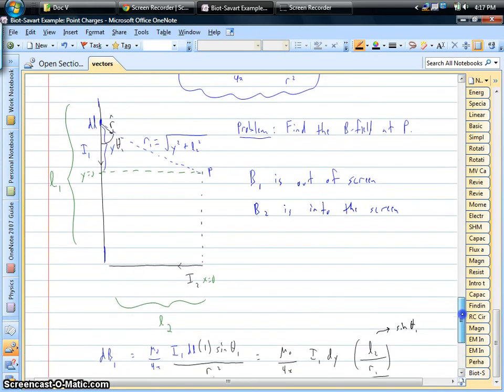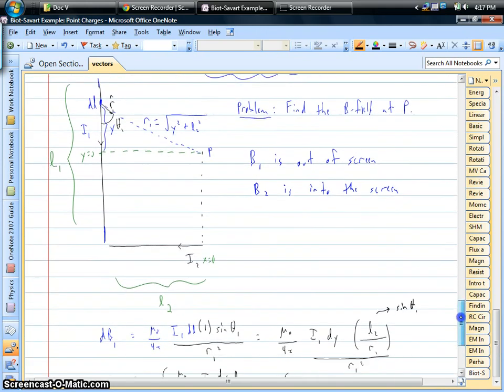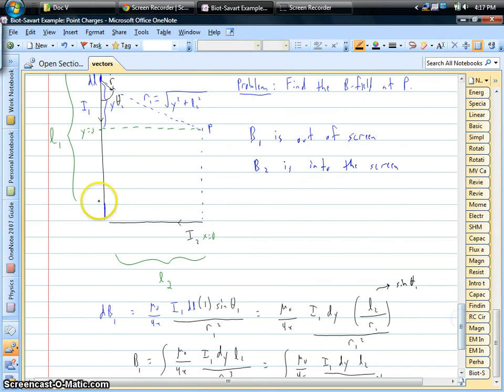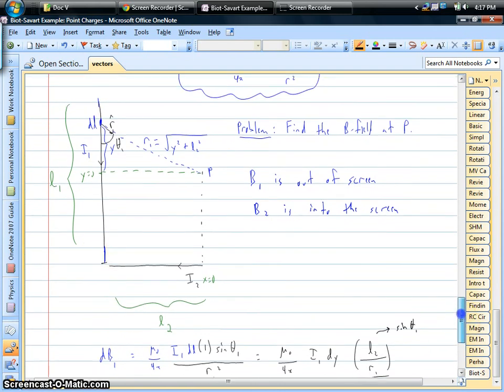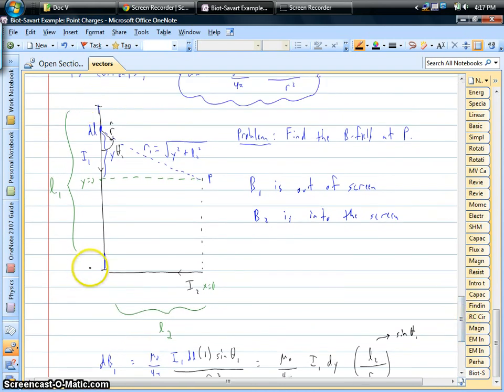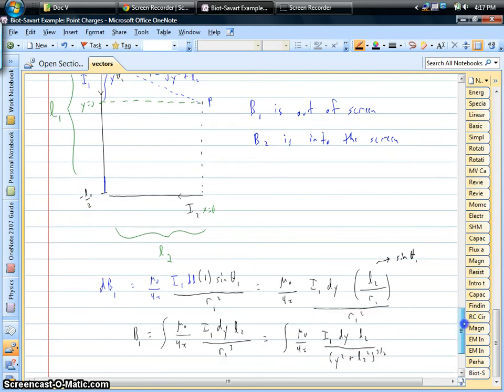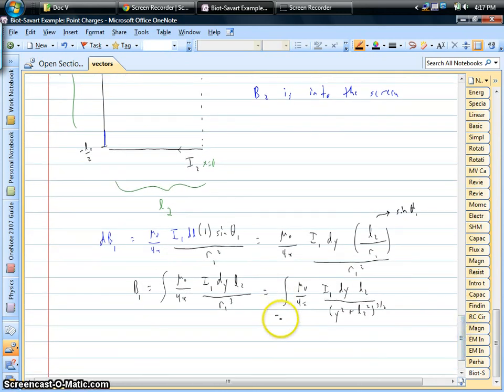Now the last piece that we need here are the bounds, the limits on this integral. We want to make sure we go from one end of that wire all the way to the other end of the wire. So it's going from negative half the length, so negative 1/2 of L1, to a positive L1 over 2. That'll add up all these little contributions.